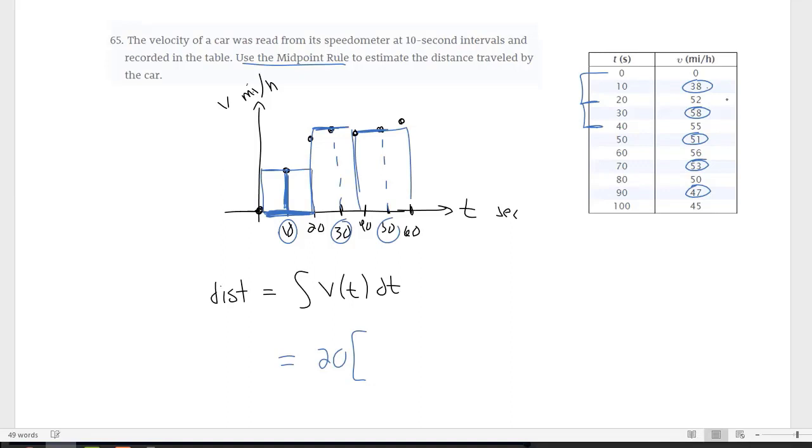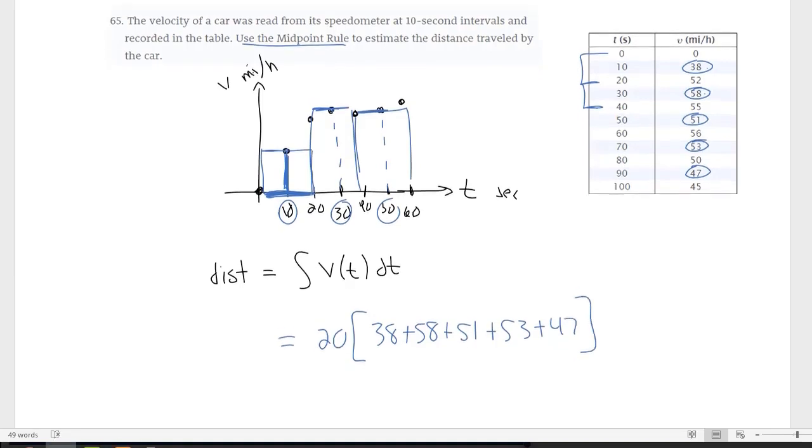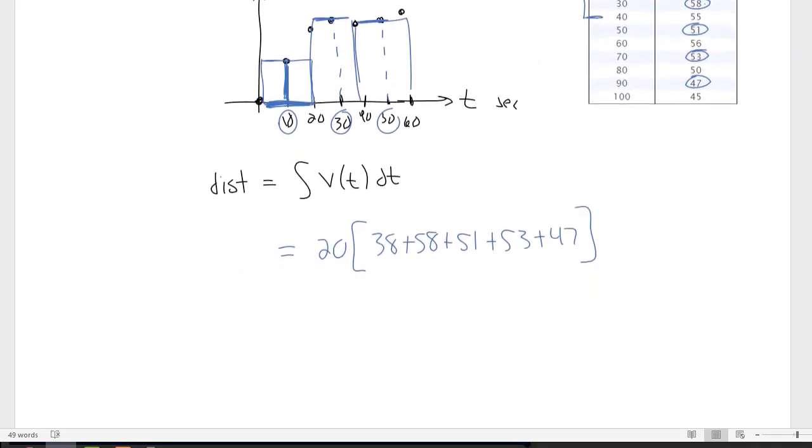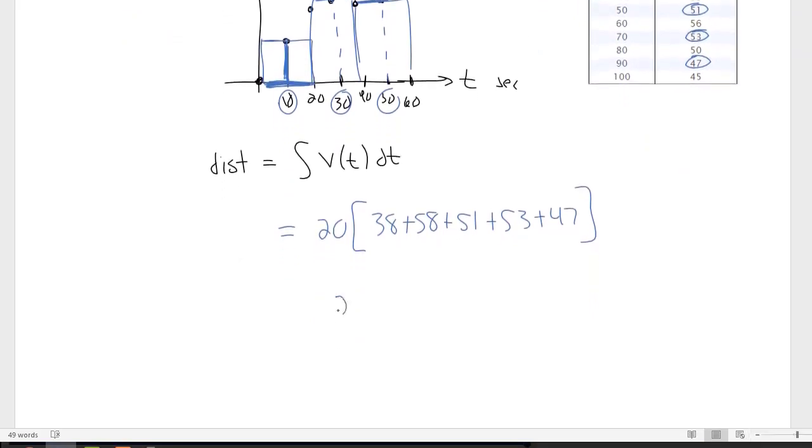So we're going to have 38 plus 58 plus 51 plus 53 plus 47. I took out my calculator and added all these numbers together, and I got 20 times 247.